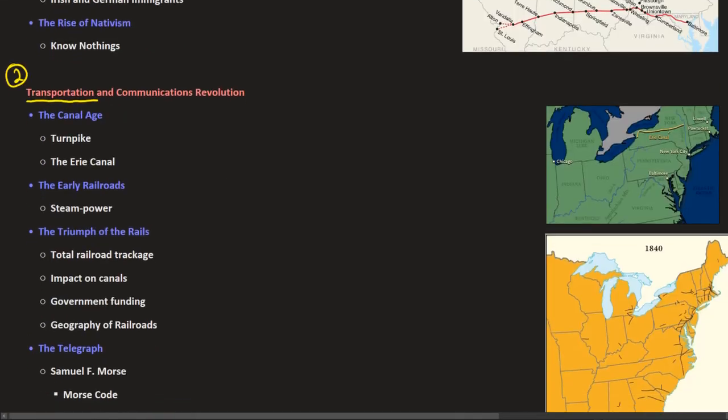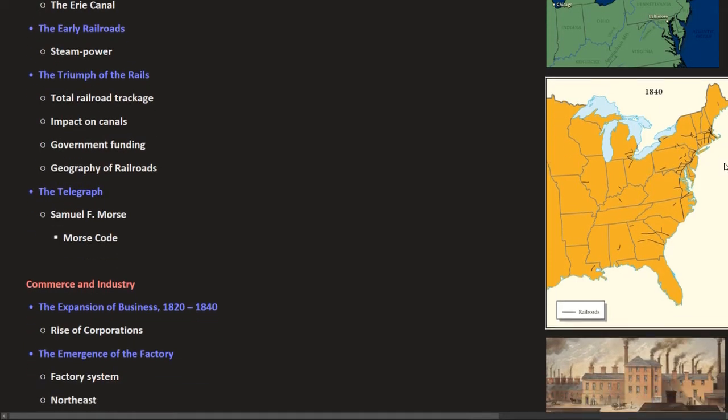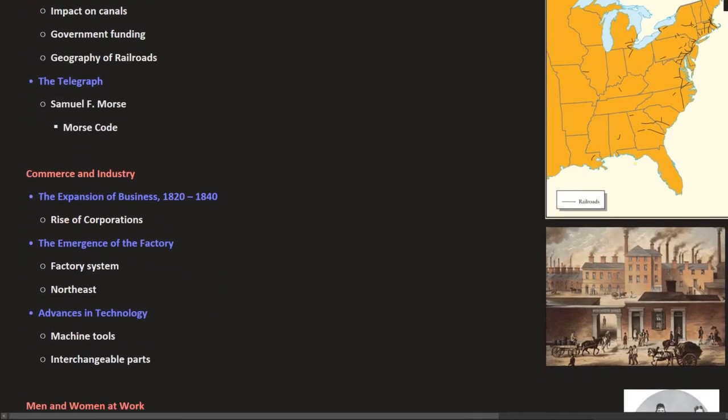The third change that takes place we're pretty much just going to explain as the rise of the factory system. We'll talk all about how this change affects a lot of parts of society, right? And that really is a change in the way that goods are made.